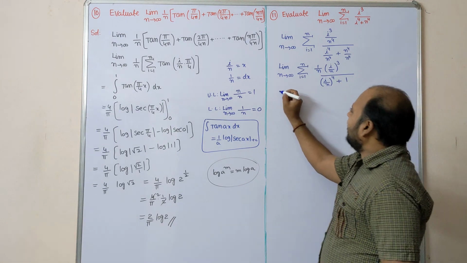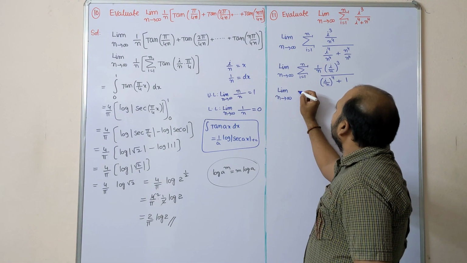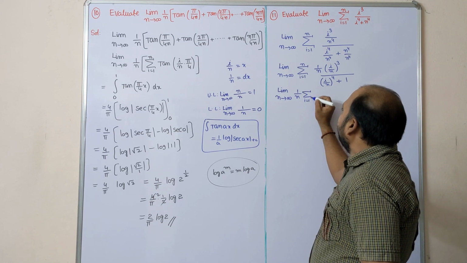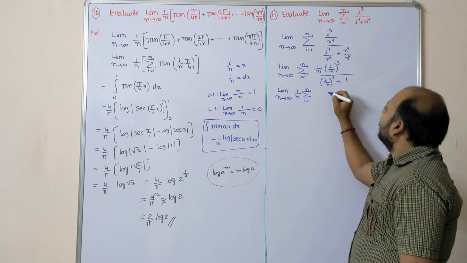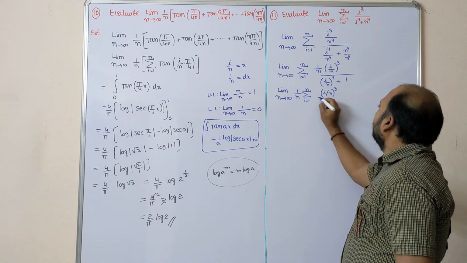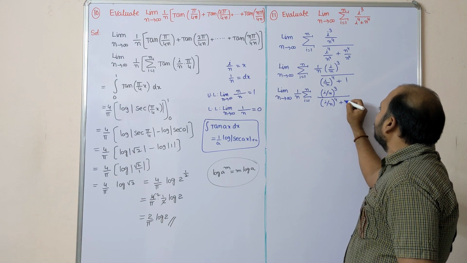This 1 by n we can take here: limit n tends to infinity, 1 by n, sigma i equal to 1 to n, i by n whole power 3 divided by i by n whole power 4 plus 1.